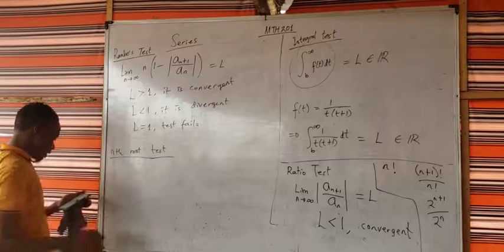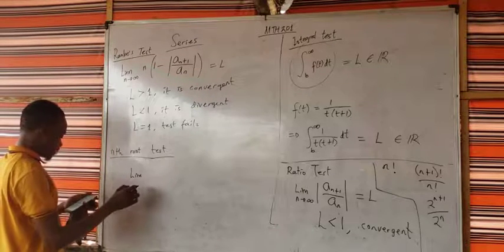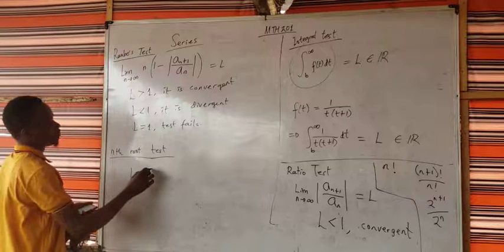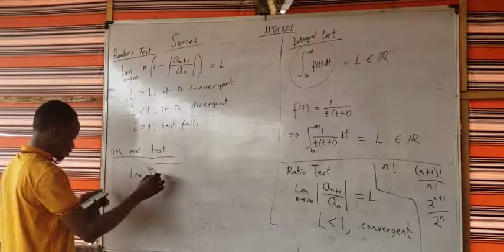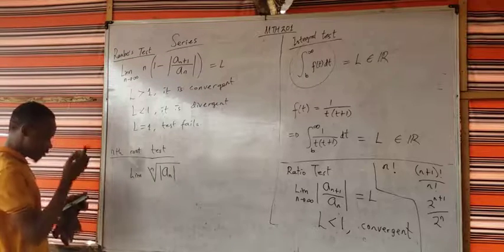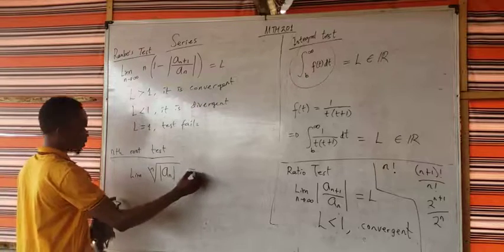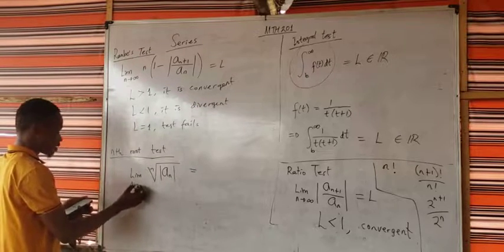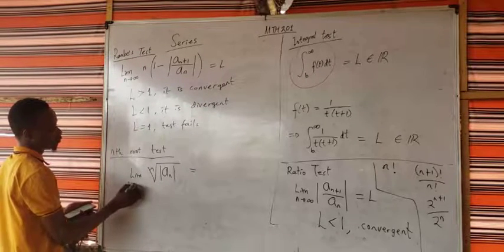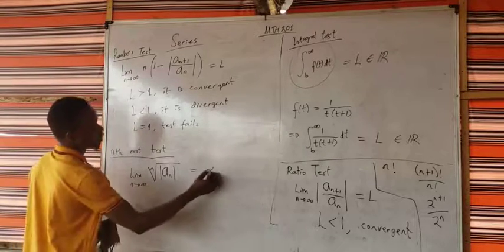Last semester. So for the nth root test, you want to get the limit of the nth root of the modulus of a sub n, as n approaches infinity. We say this is equal to alpha.